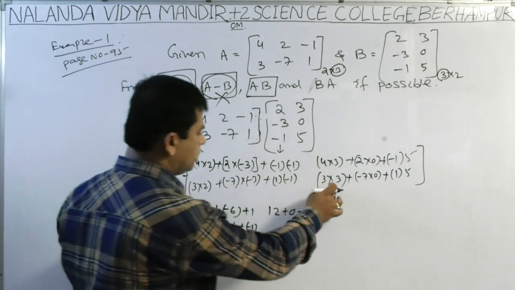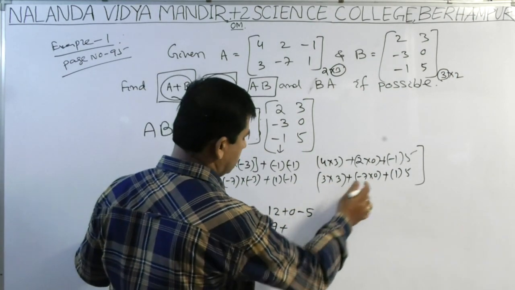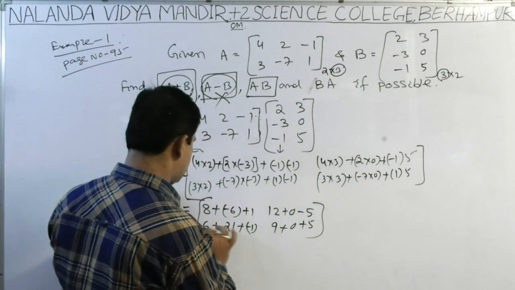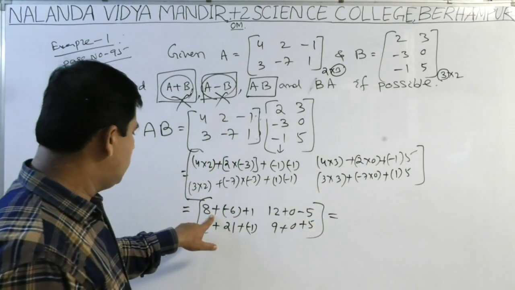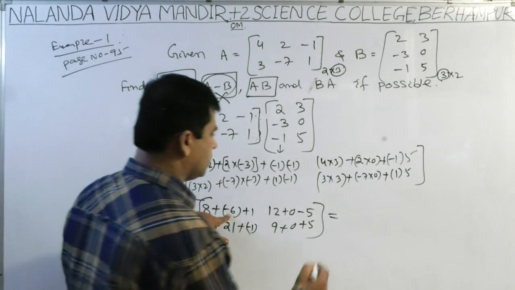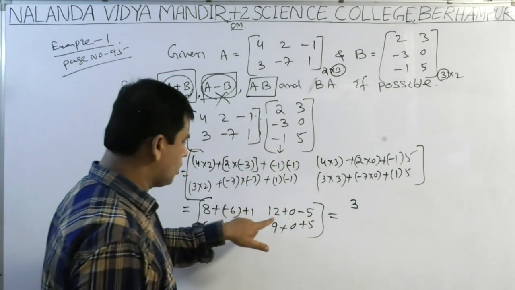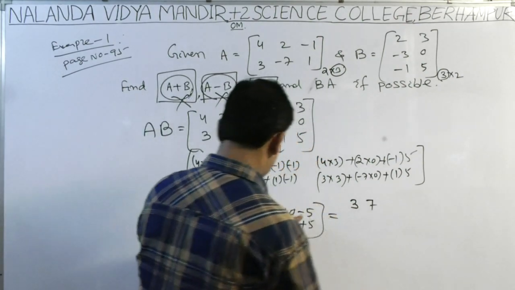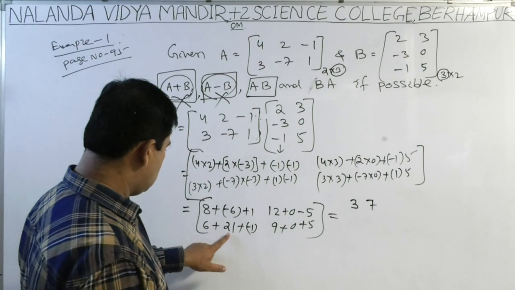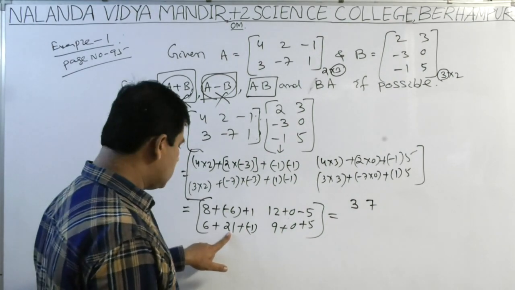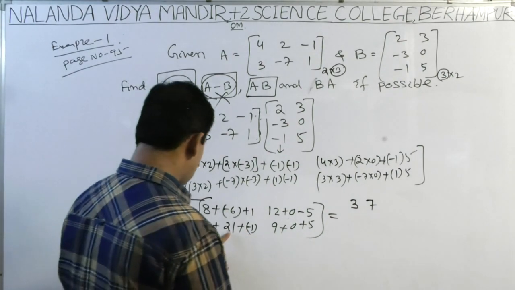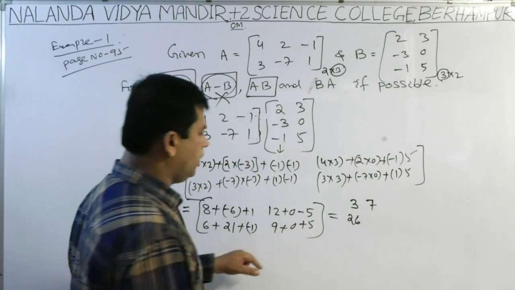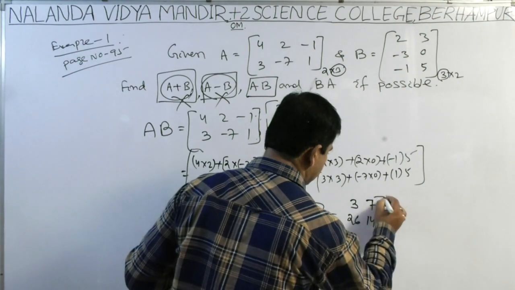Then 9 plus 7 into 0, 0, plus 5 into 1, 5. So 8 plus 1, 9 minus 6, that is 3. 12 minus 5, that is 7. 6 plus 21, that is 27, plus minus 1, 26. Then second row, second column, 9 plus 5, 14.